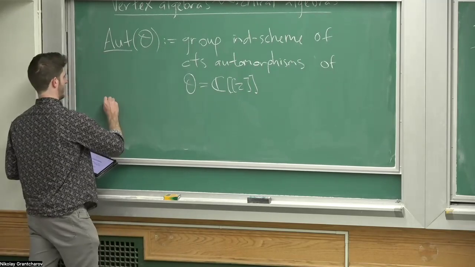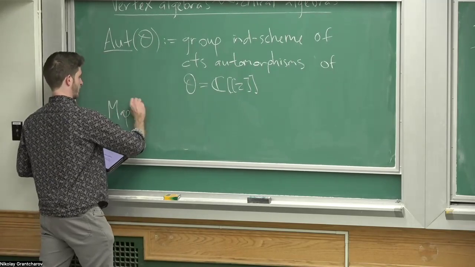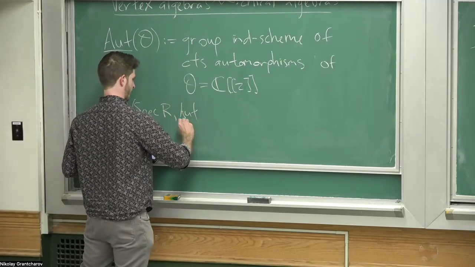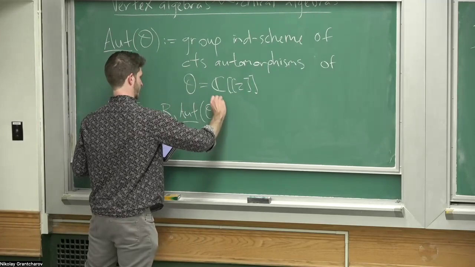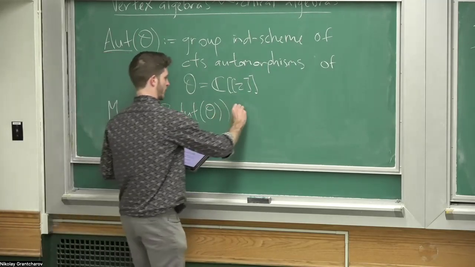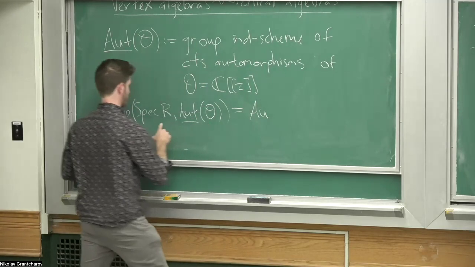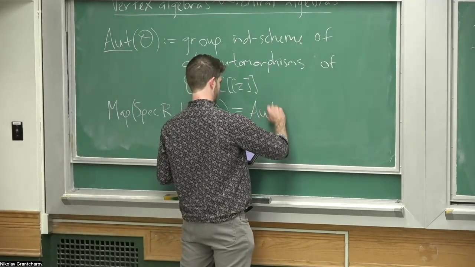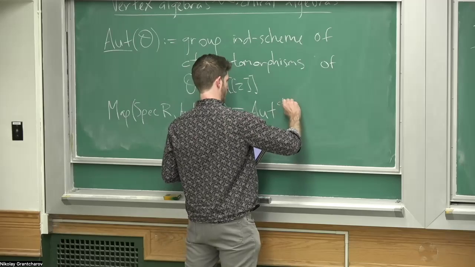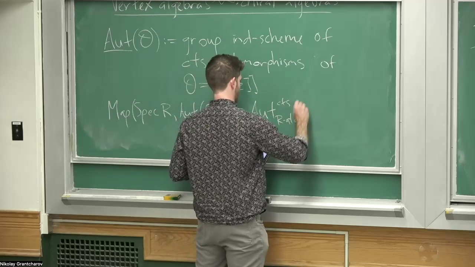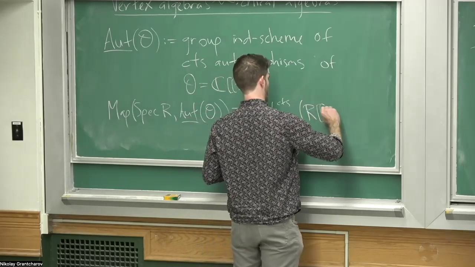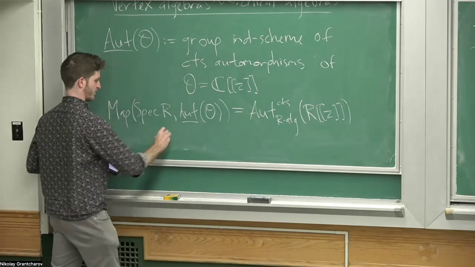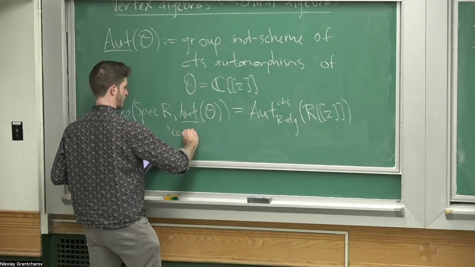But in fact, we want to be more careful and consider this as a group-valued functor on commutative algebras. As a functor of points, maps from a test affine scheme Spec of R into this automorphism group are the group of continuous R-algebra automorphisms of R double bracket z. And this makes sense for any commutative C-algebra R.